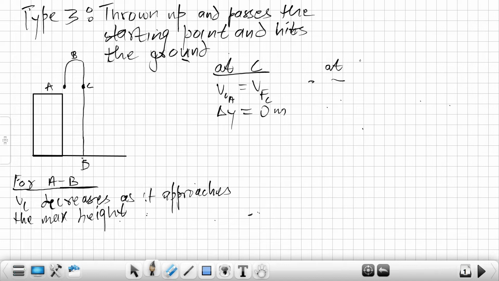At D, VF increases as the projectile approaches the ground.